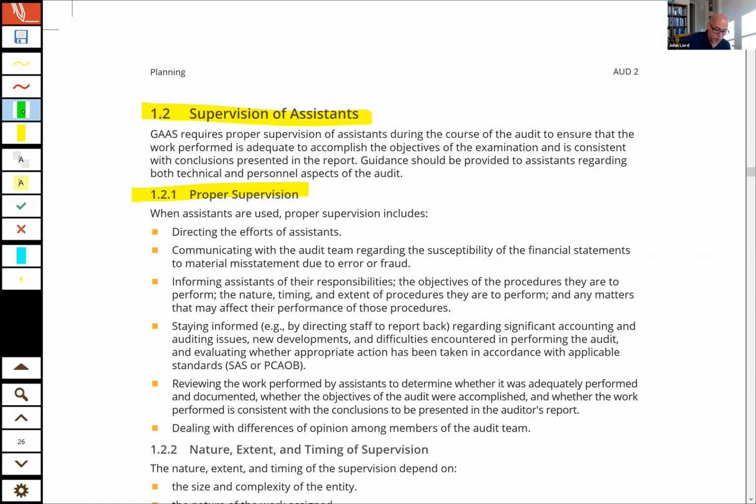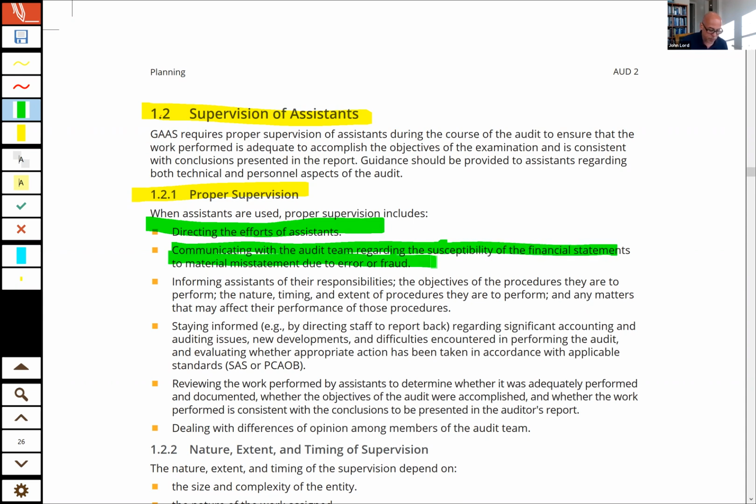Okay, so you are directing the efforts of your assistants, that's everyone below partner, communicating with the audit team about the susceptibility of the financial statements to error or fraud. And you start making the team a bit aware of the consideration of fraud very early on.